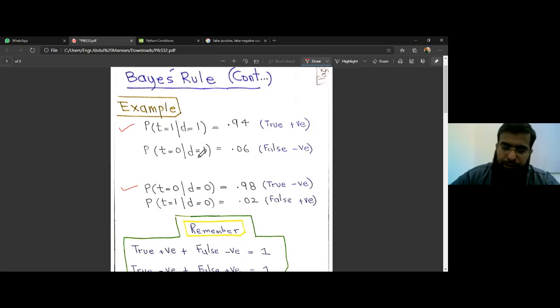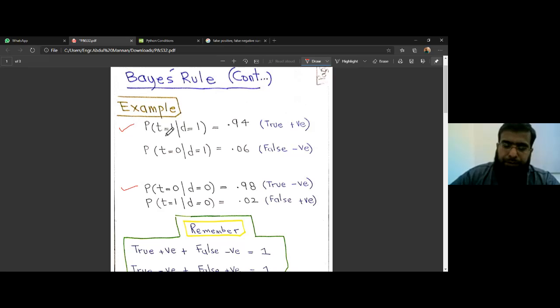So if the disease is there but the test doesn't detect it, we call it false negative. So the result is negative and it is falsely negative. Why falsely negative? Because the disease is actually present. So therefore it is negative, but it is falsely negative.